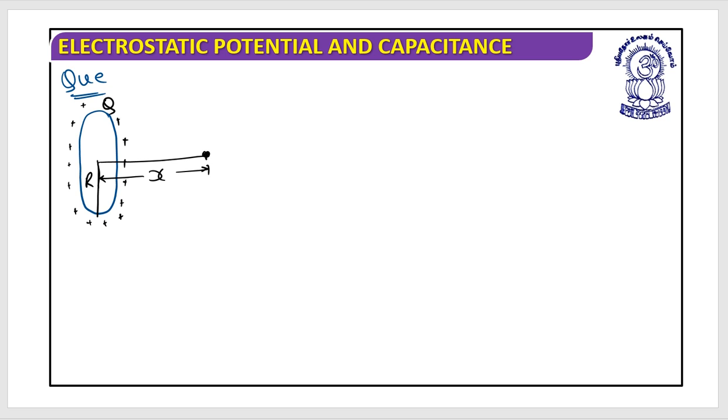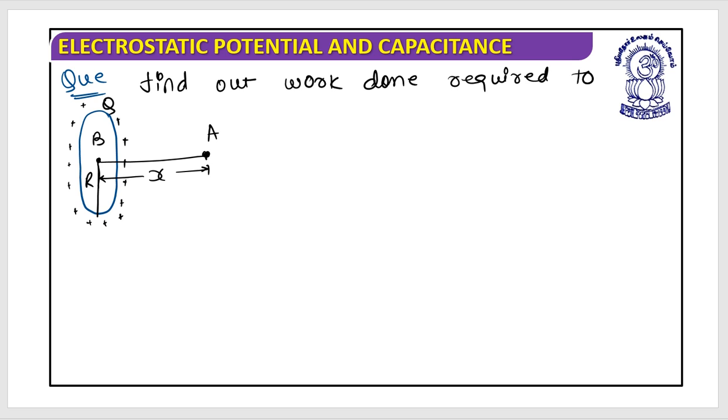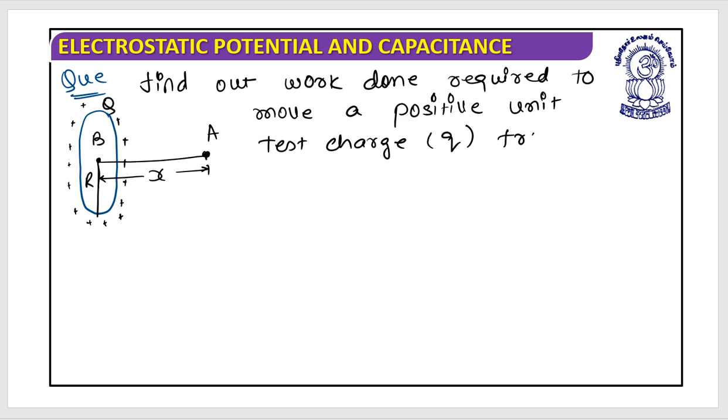Let's say this is location A, this is location B. Now what you need to find out is the work done required to move a positive unit test charge Q from point A to point B.